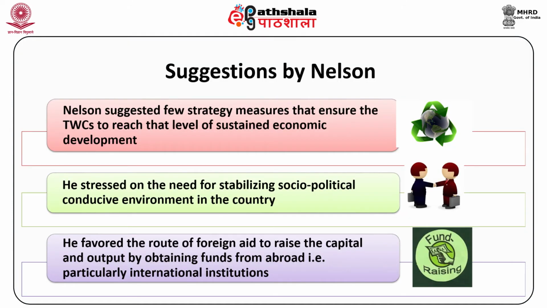Nielsen suggested a few strategy measures that ensure the third world countries reach that level of sustained economic development. He stressed the need for stabilizing a socio-political conducive environment in the country.